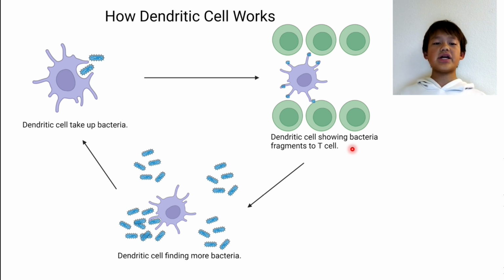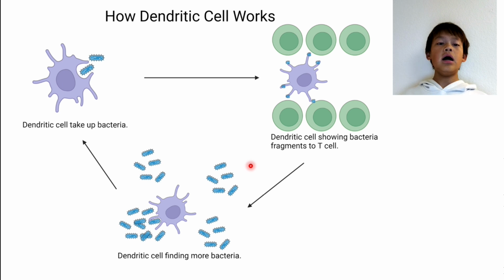This entire process takes around a week or less to activate and stimulate the T cells. Then activated T cells will rapidly duplicate and go back to the battlefield, where they will start to rapidly kill the recognized pathogens. The dendritic cell would then return to the battlefield to capture more bacteria, and this process repeats.